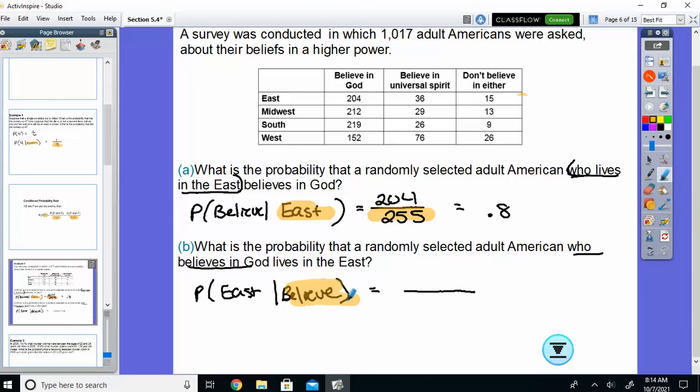So, when I set up this condition, the given, that is the piece that I already know. So that is the only part I'm looking at. So I'm only looking at this column of my table. So when we divide our fraction, the denominator comes from that column of the table. So you add those up.